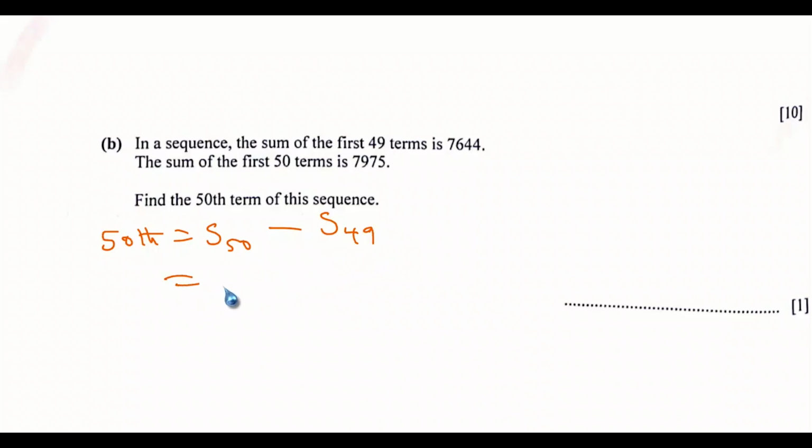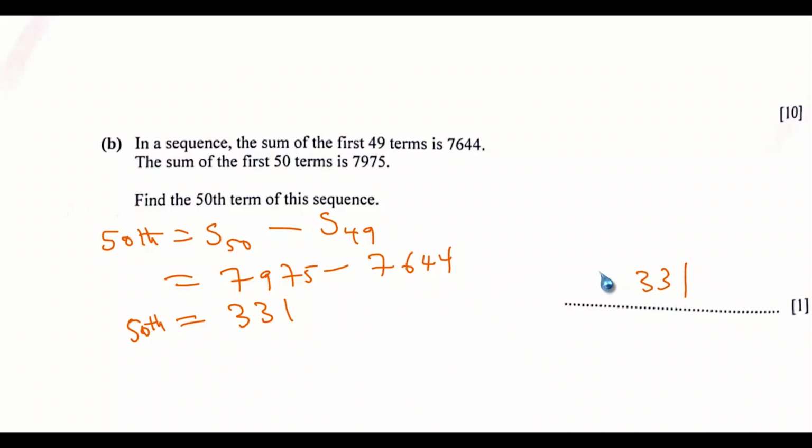So that will be 7,975 minus 7,644. This will give us 331. So the 50th term is 331. So let's go to the next question.